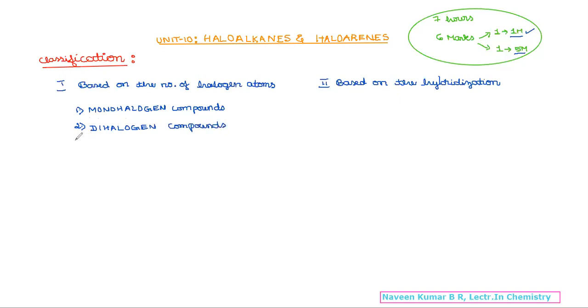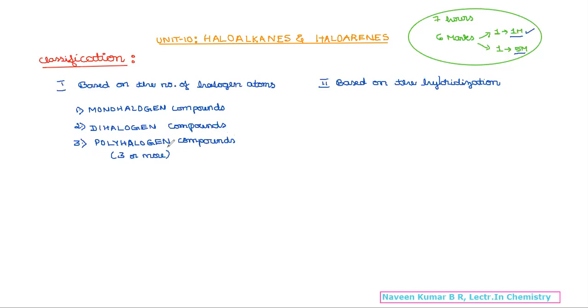And if there are more than 2 halogen atoms in the given organic compound, then they are generally called polyhalogen compounds, which have very good information regarding the application point of view that we learned in the last concept of the unit: uses of polyhalogen compounds. It is 3 or more.